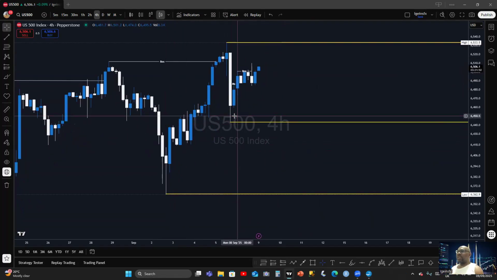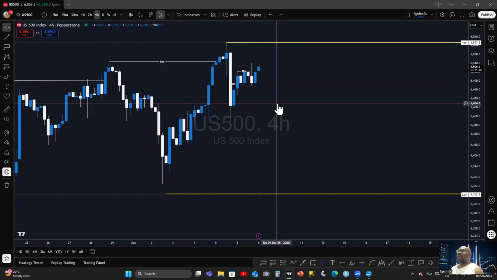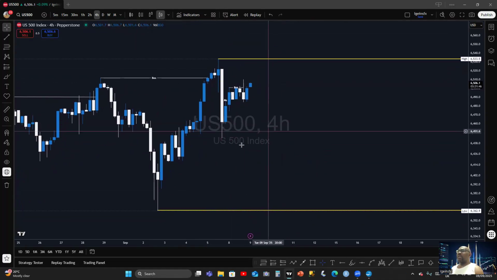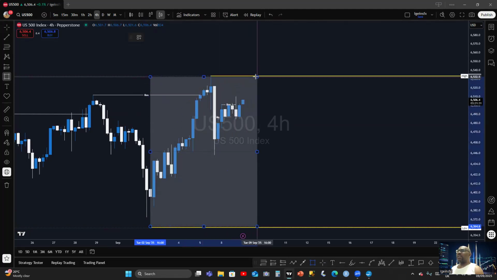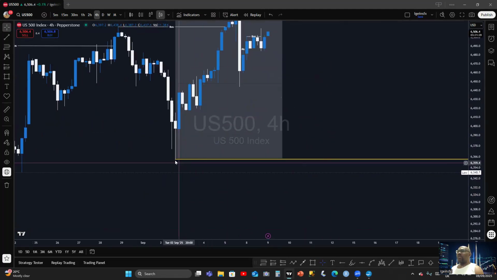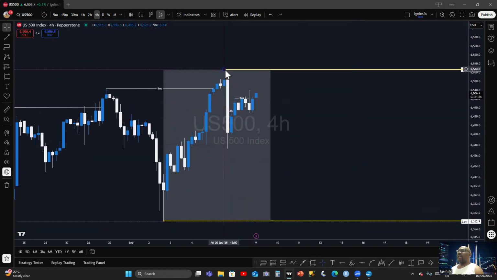Let's remove this one here. The price stopped here, got rejected, and started breaking structure to the upside. So this move, the price originated from this level, and this is a high. We have the low and we have the high.